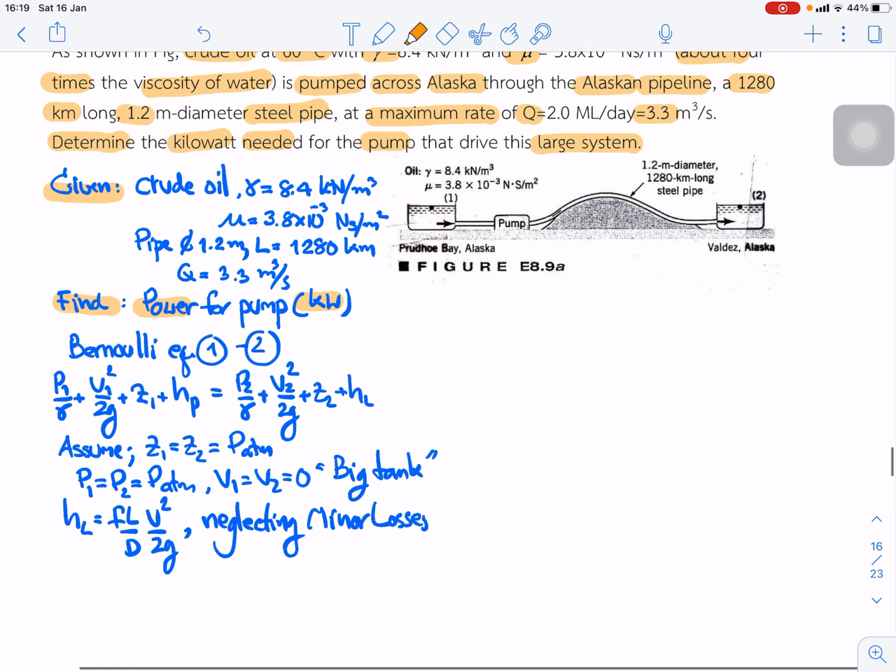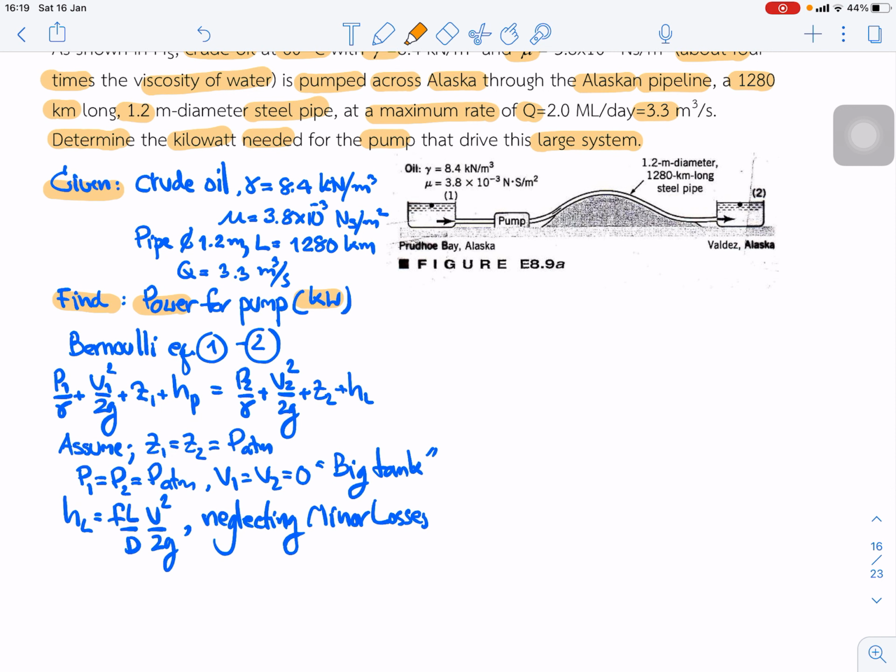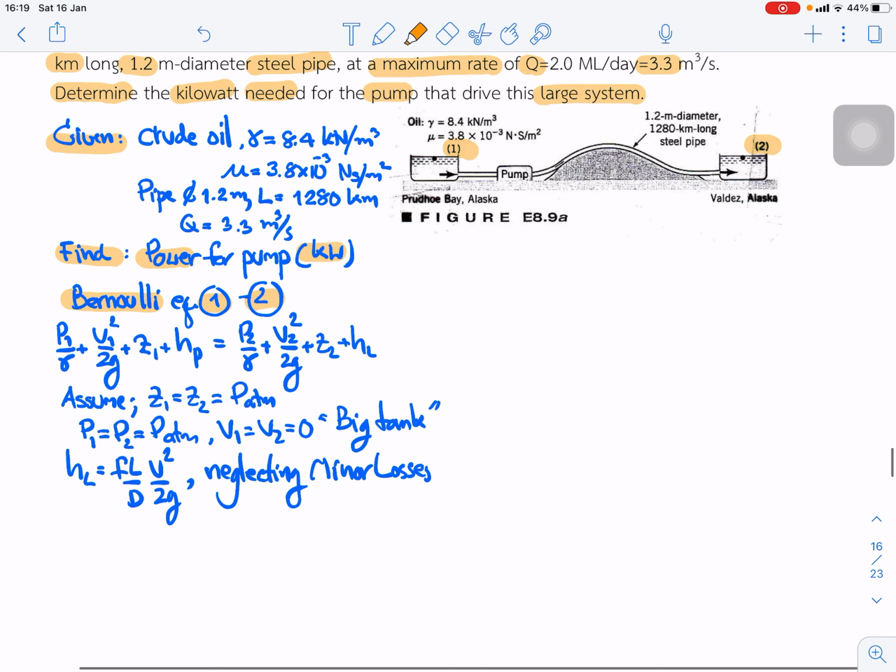Next we can start to write the Bernoulli equation between point 1 and point 2. Point 1 is at the surface of the tank, and point 2 is the surface of the last tank. We assume that Z1 is equal to Z2, so Z cancels, and P cancels because it's atmospheric pressure.